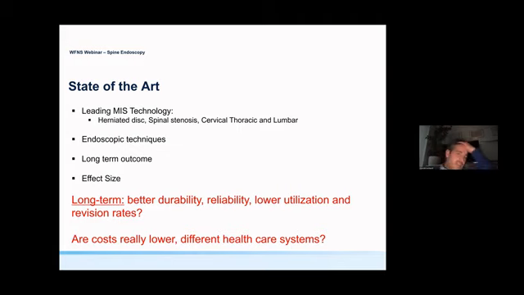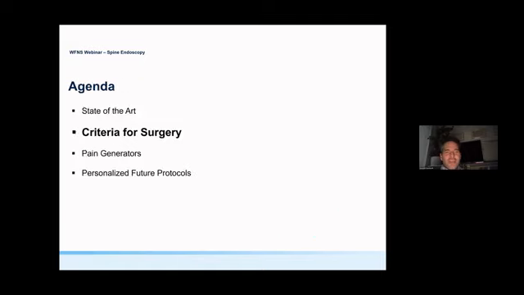And second, it has often been reported that healthcare costs are lower using endoscopic techniques, but this might not translate to all countries, because the healthcare systems are different, and endoscopic techniques often use single-use instruments, and they might not be reimbursed, and therefore the healthcare costs might not really be lower.